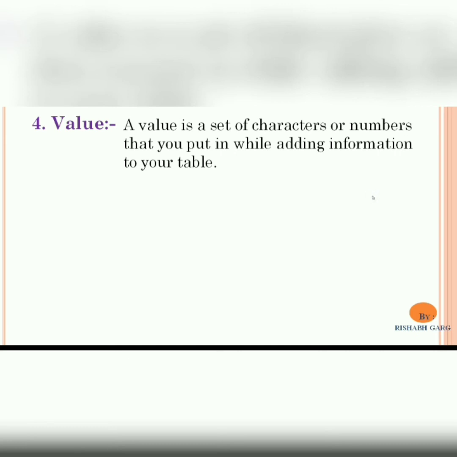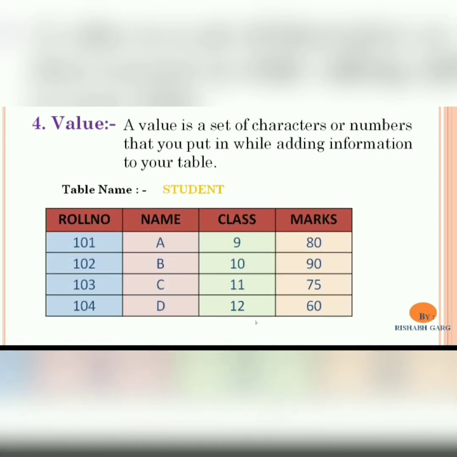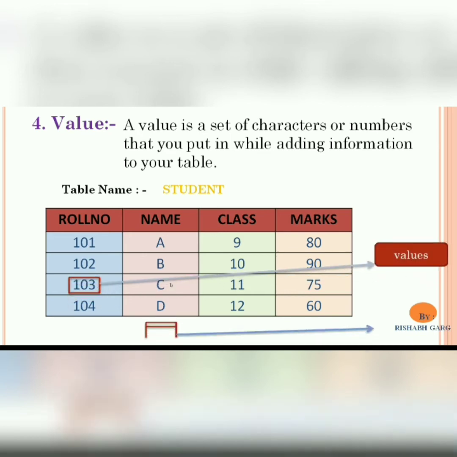Let's take an example to understand this. Suppose we have a table student. In this table, if we talk about any individual data, then that is called value. Means if we talk about only 103, this is a value. If we talk about only B, that is also a value.